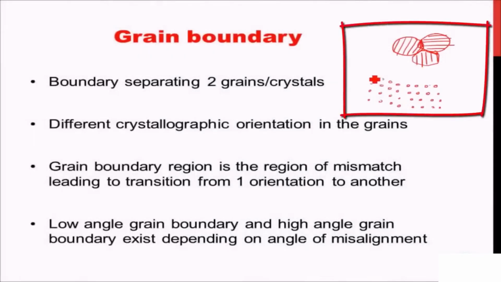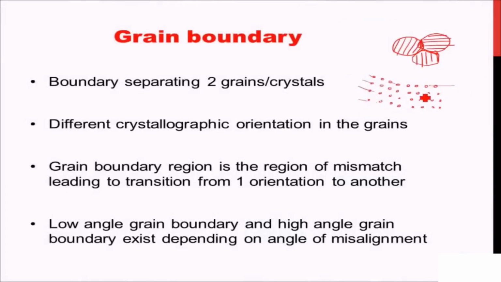The orientation is in this fashion, whereas here the orientation changes to this fashion, and a clear demarcation takes place where the atoms are not exactly located where they should be, either from the perspective of the atoms of this grain or of that grain. There is an internal region where the atoms are randomly placed. They are not perfectly aligned with the grains. So this region is basically our grain boundary region.